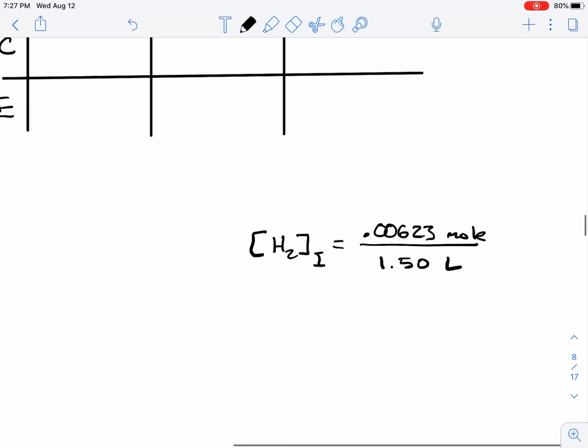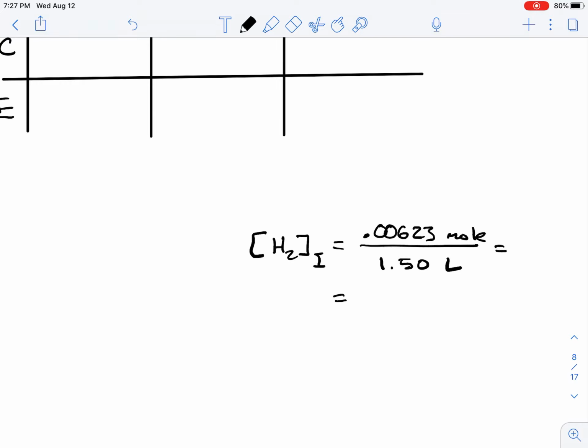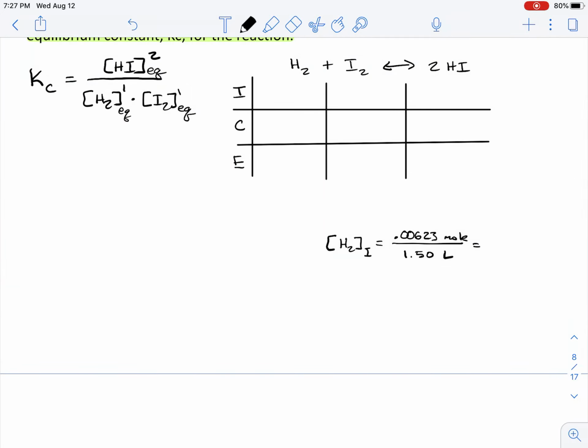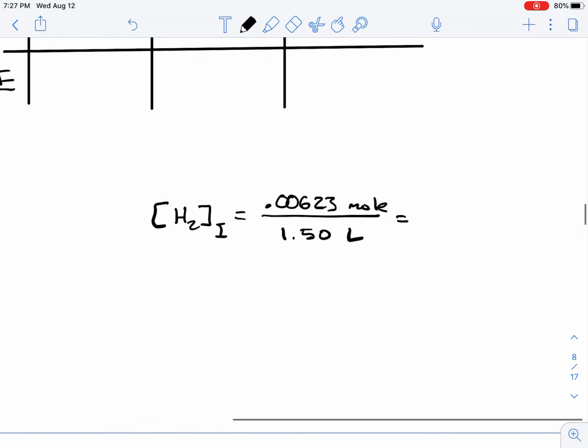If I plug that into my calculator, 6.23 times 10 to the negative 3, divided by 1.5, that's going to give me a value of 4.15 times 10 to the negative 3 molar.